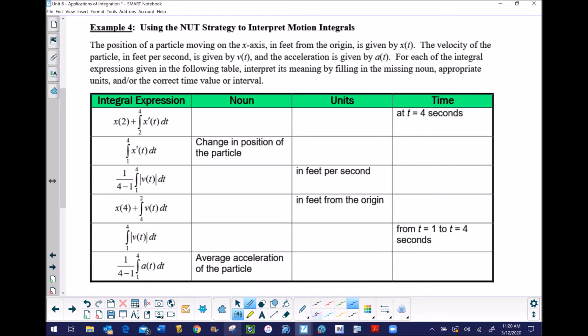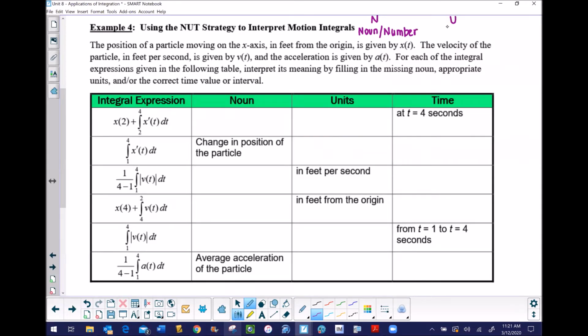And let's review really quickly what N.U.T means. We had to talk about N.U.T, I think, during one of our videos earlier this week. But N.U.T is the way that you would justify or explain what a derivative or an integral means. And the N stands for noun/number. Basically, it's the answer to your problem plus all of the important context around it, like what that particular number is signifying.